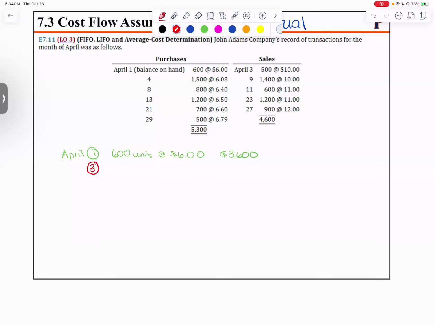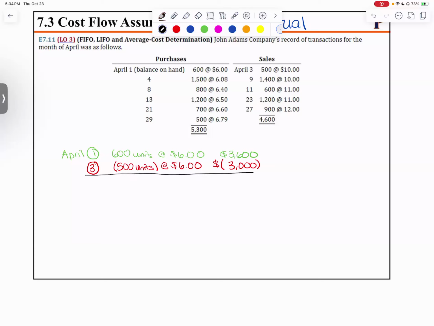On April 3rd, we sell 500 units. And so our only available purchase from which to pull is our first. So these will be at $6 each. If we take 500 times $6, we'll get 3,000 as our cost of goods sold for that sale.